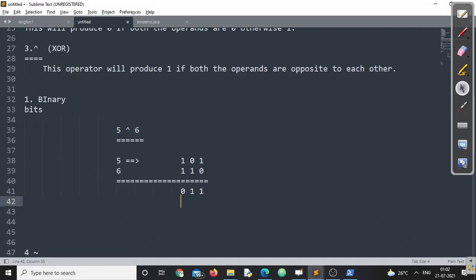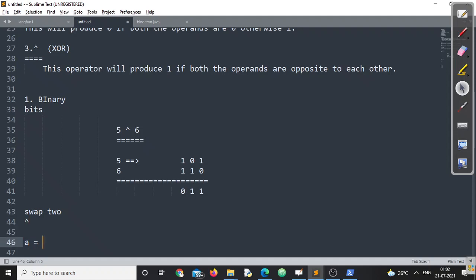Now you can definitely solve a program using this exclusive OR. If you can recall, why in the beginning of every Java program, your tutor or your instructor definitely wants you to write a program to swap two numbers. You can also solve that problem with the help of this exclusive OR.